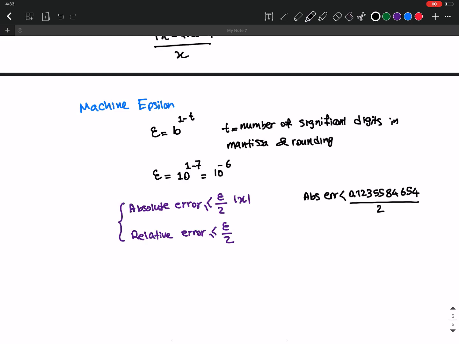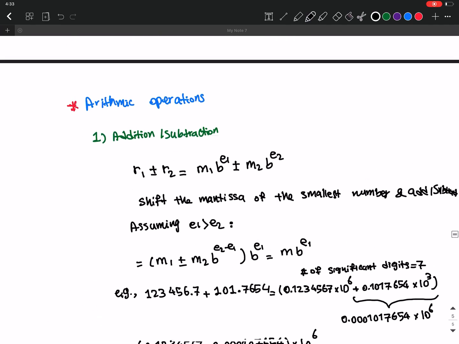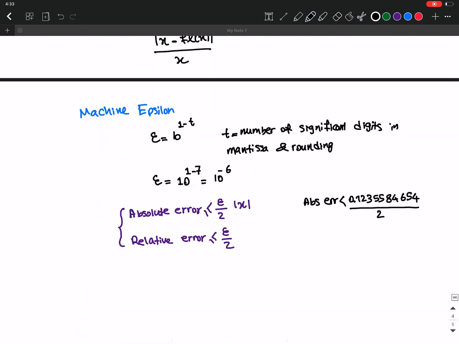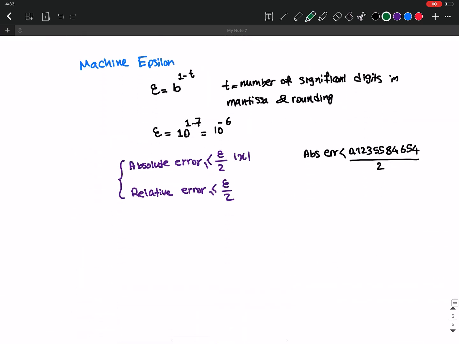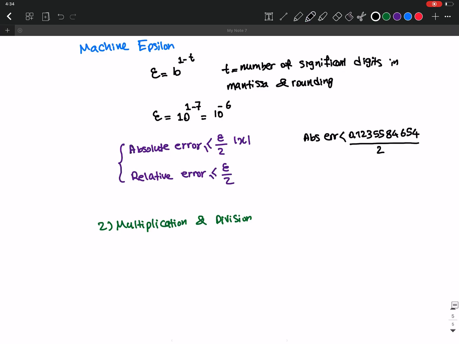Okay, so the other operator that we are going to look at is, the first one was addition, the second one is multiplication and division. So we have, for example, R1 times R2 is going to be M1 M2 B to the E1 plus E2.